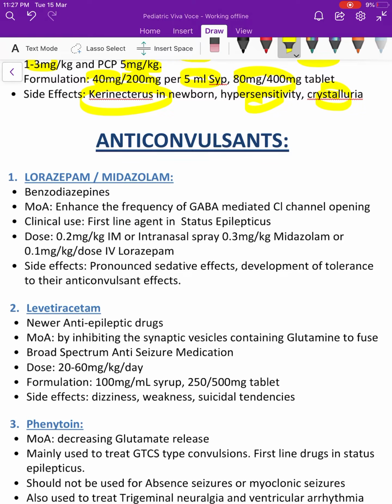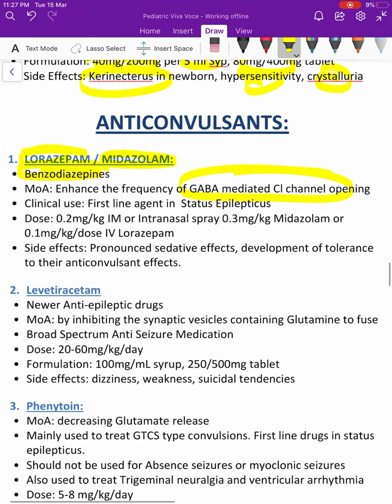A few common anticonvulsants that are used are lorazepam and midazolam. They belong to the benzodiazepines. How do they act? By enhancing the frequency of the inhibitory channel, so GABA mediated chloride channel opening. What is its clinical use? It is mainly used as a first line agent in status epilepticus.